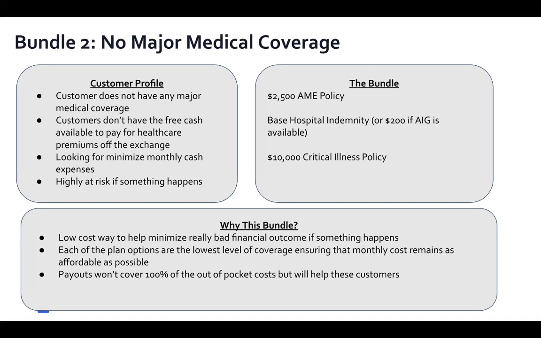So this is a low-cost way to help reduce some of the burden that they are going to face if something bad happens and they need to utilize healthcare. This isn't going to cover 100% likely of their out-of-pocket costs, but it is at least going to help them. And it's going to help, again, hopefully reduce that financial burden that they will have. So that's bundle number 2.